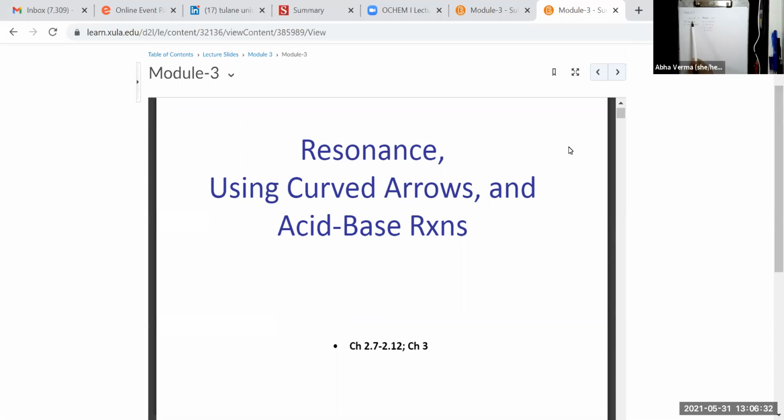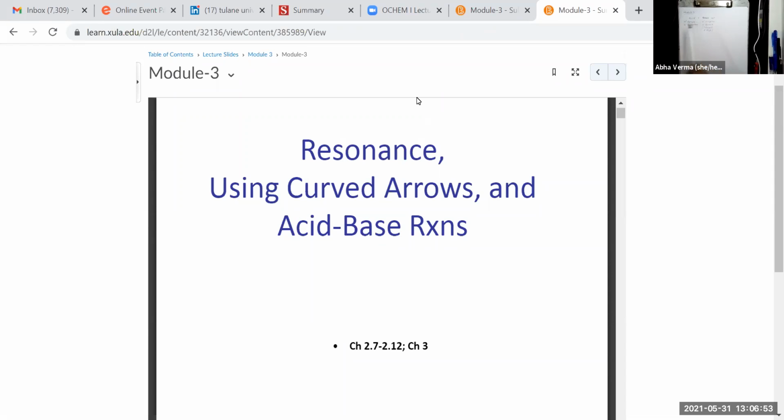In a broad sense, when we talk about acid and base, and we will talk about acid and base during this module also, I want you to remember that all acids are proton donors in terms of Bronsted-Lowry, and all bases are proton acceptors.